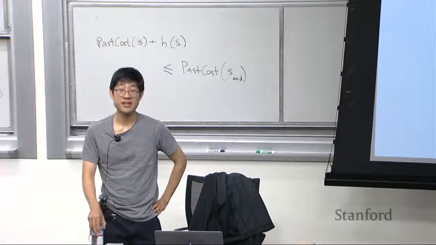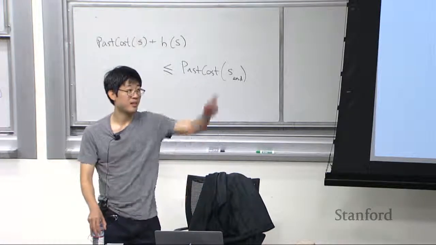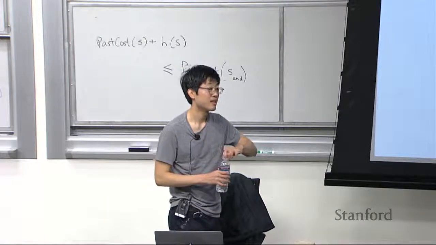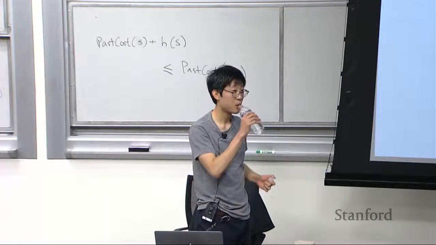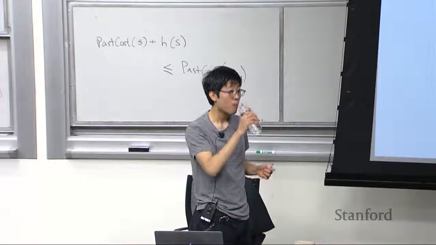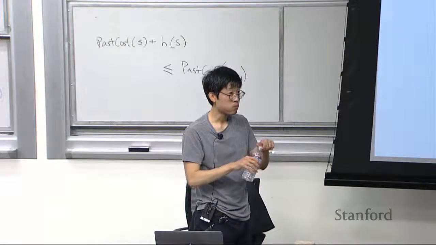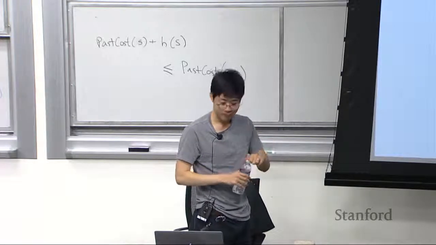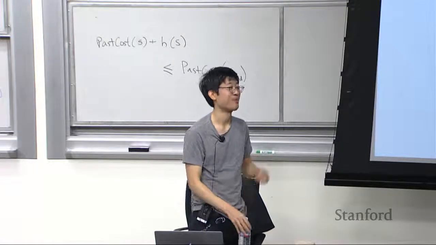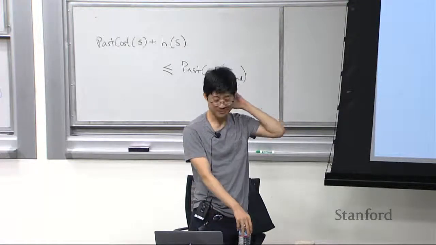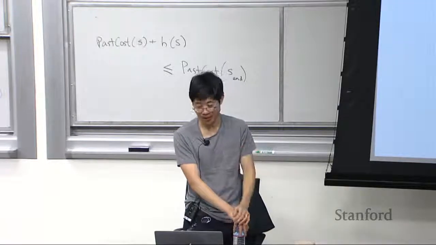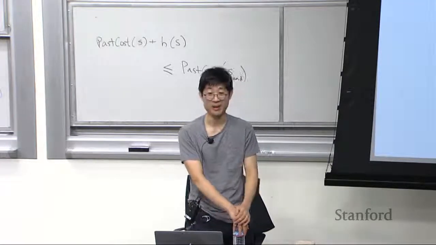Other questions? Over here. In the worst case, would it not help at all? Is there any way the heuristic could hurt the time complexity? The heuristic could hurt the time complexity, yes, because you're spending time computing it. So the question is, in the worst case, can the heuristic actually make your algorithm run slower?